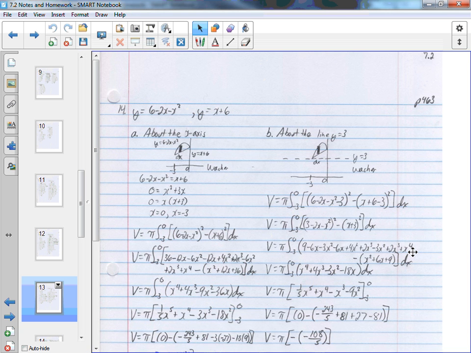All right, so you know the preliminaries. You write down what your axis of revolution is, so about the x-axis. Draw your graphs. So the one there on the top is y equals 6 minus 2x minus x squared. The one on the bottom is the line y equals x plus 6.